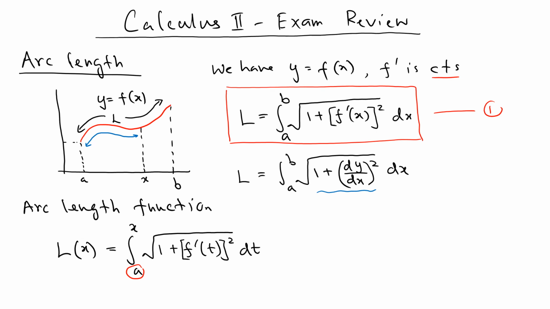So this is what we call the arc length function. Now if you need the actual value, the whole length, what do you do? You evaluate this L at b. So then you're going to get the exact same one as before. Okay, so those are the formulas that we need for this one.